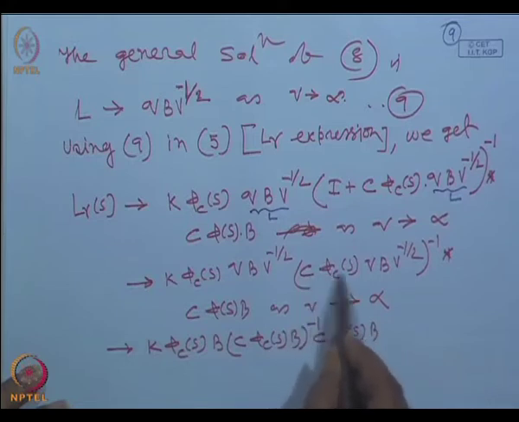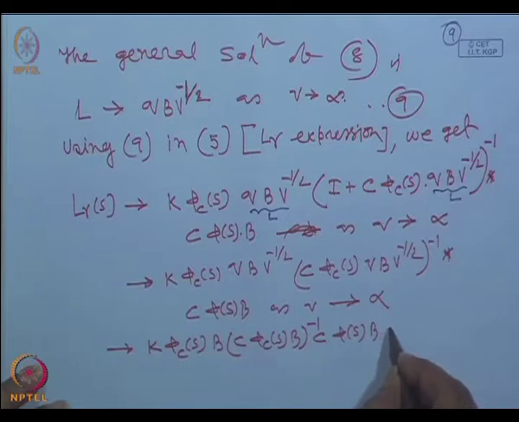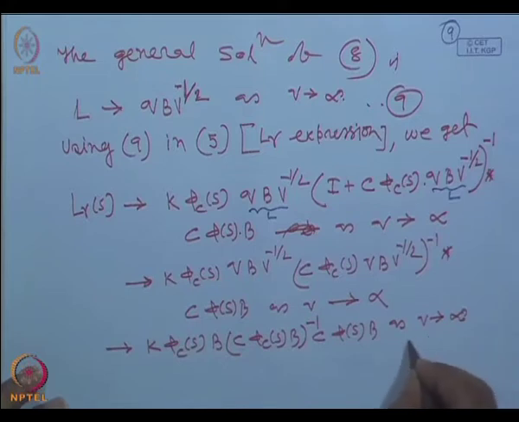From there, C phi C B inverse, as q tends to infinity. Agree? Let us call this equation number 10.